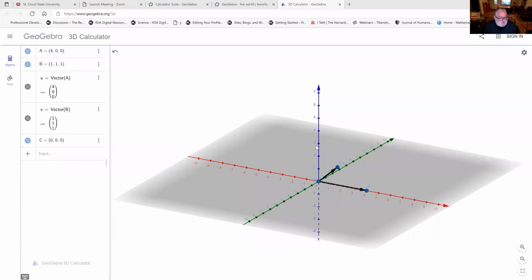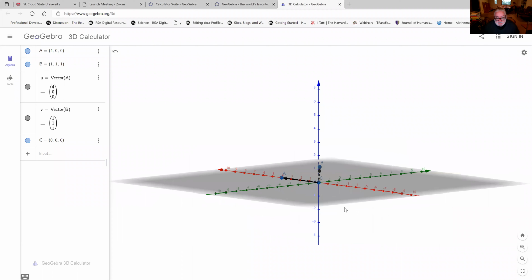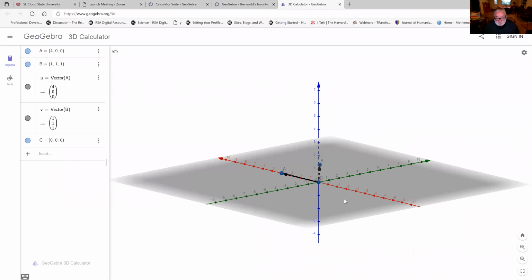Okay, so we did get this figured out. So we put in a point A, 4, 0, 0, that's down here. B, 1, 1, 1, that's there. And then the vector from the origin to B and the origin to A. So there's my 3-dimensional thing.